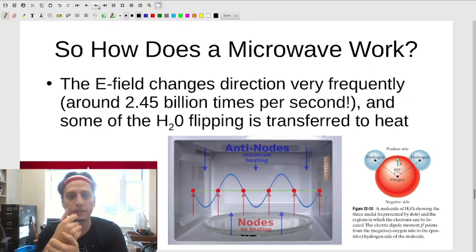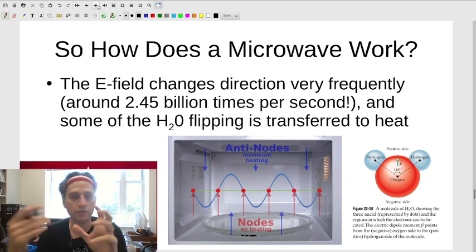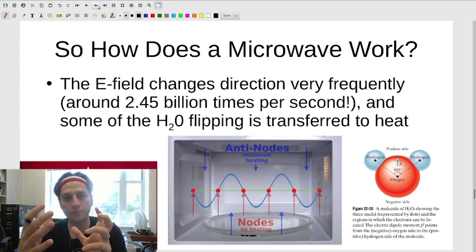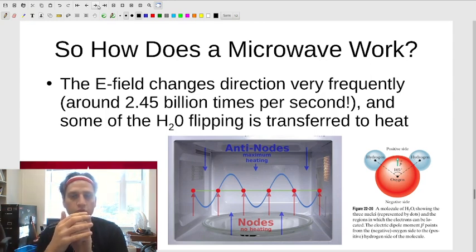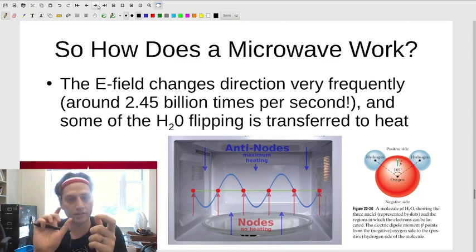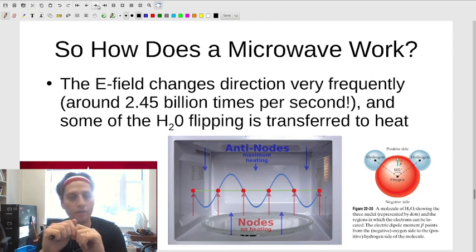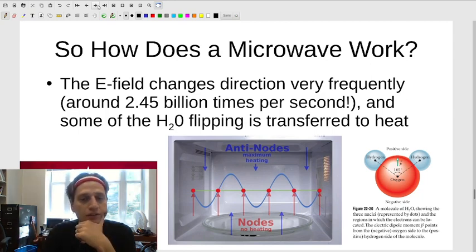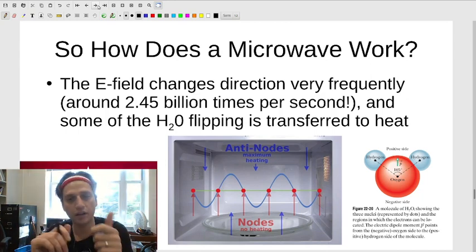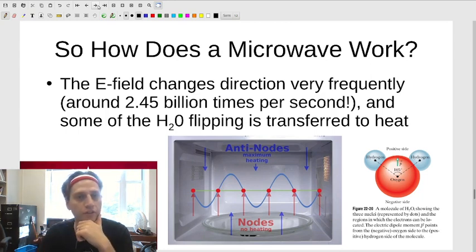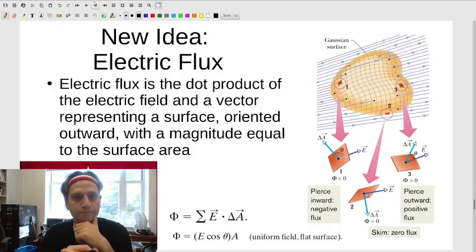Some of that flipping is transferred into heat when you have a hydrogen bond between a trio of water molecules, and so that energy from the poor alignment between the water molecules and the electric field in the microwave can be transferred into heat.